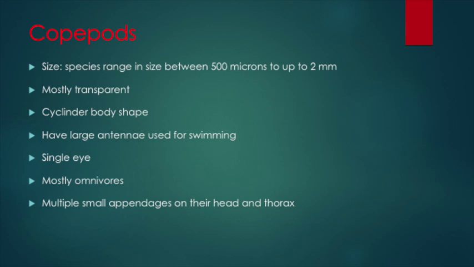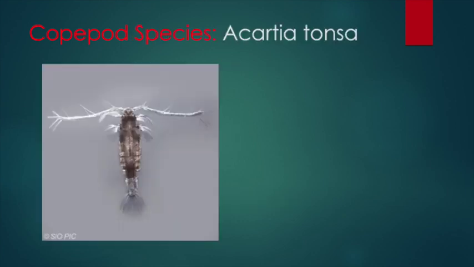They have large antennae used for swimming. They lack compound eyes, but they have one single eye usually. And they have many small appendages on their thorax, usually around 6. So there are over 13,000 species of copepods, but in this video we're only going to be discussing 2 examples.